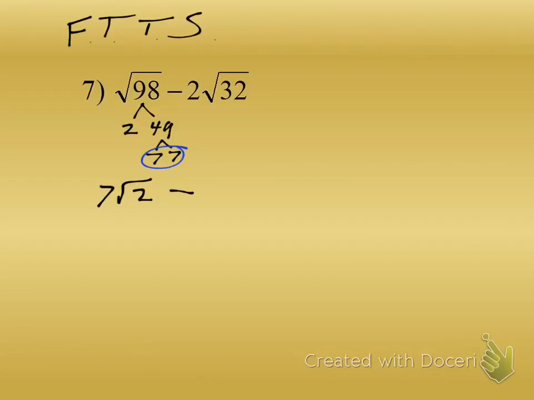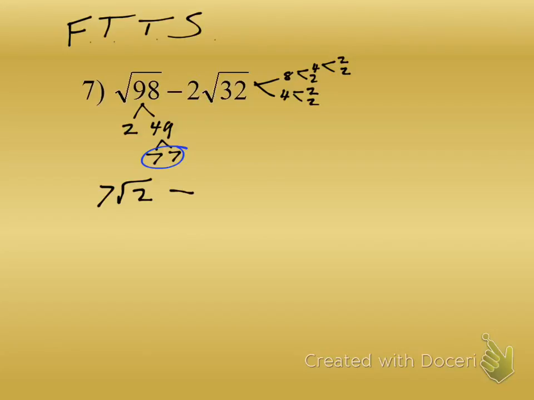Minus, what's the square root of 32 factor tree? 8 and 4. 4 goes 2, 2. 8 goes 2, 4. And 4 goes 2, 2. You guys are making this hard. So now you circle your pairs, right?